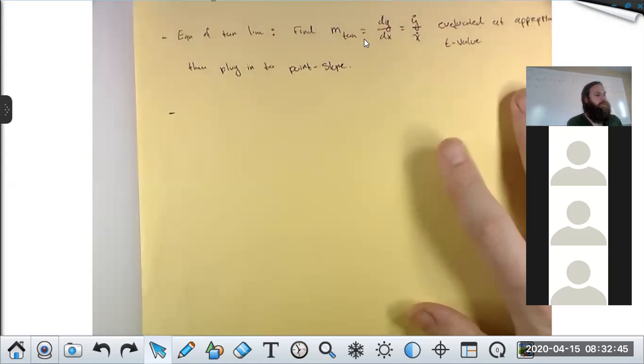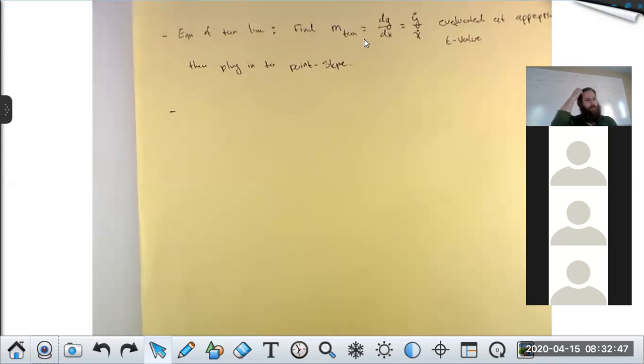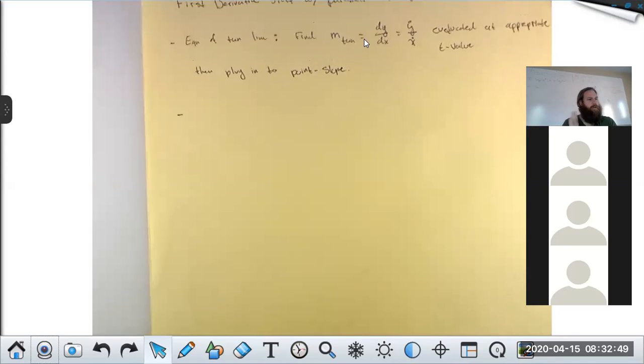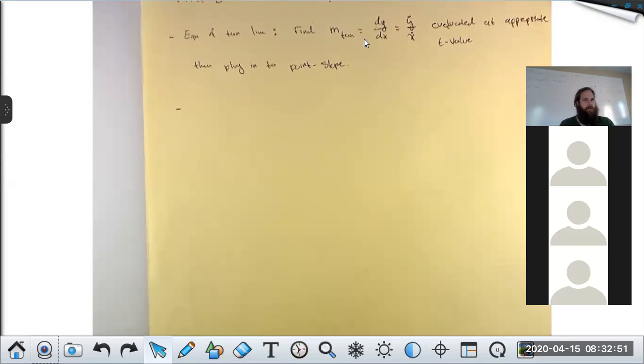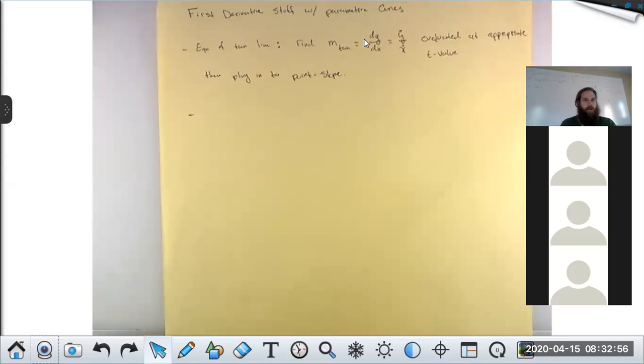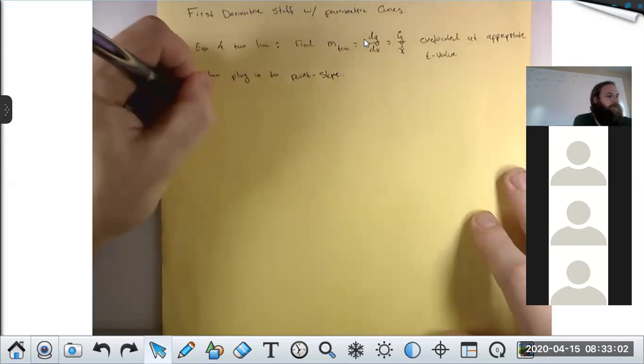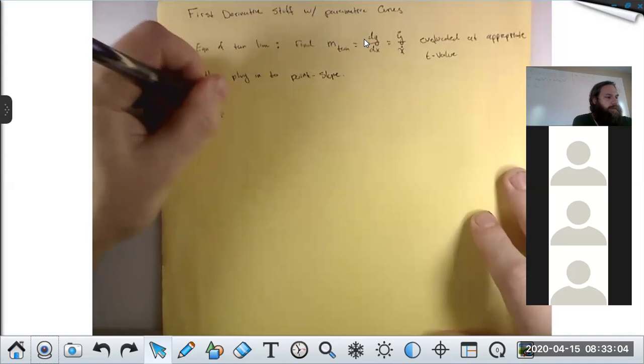There's two other things that we like to do a lot with first derivatives that you may remember from Calc 1. We like to find maxes and mins, right? And then we also like to find places where the curve is vertical. So we want to find horizontal and vertical tangent lines. That's what I'm getting at.